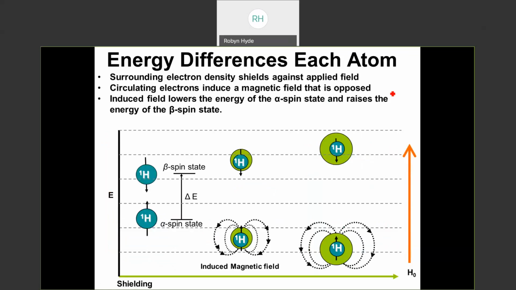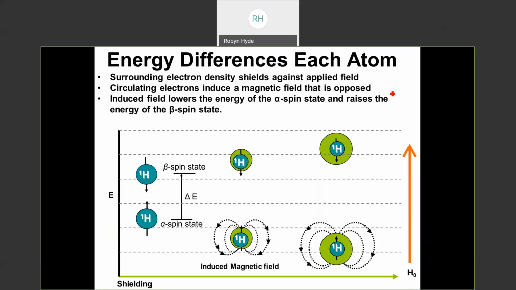So if we have electron density surrounding an atom, then that creates an induced magnetic field in the opposite direction of the applied magnetic field. So it protects the atom from the magnetic strength. And what that does is that increases the delta E value.